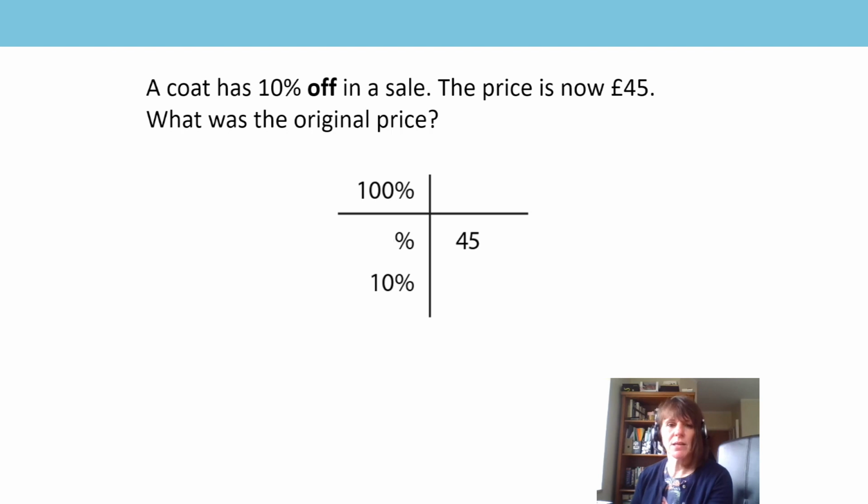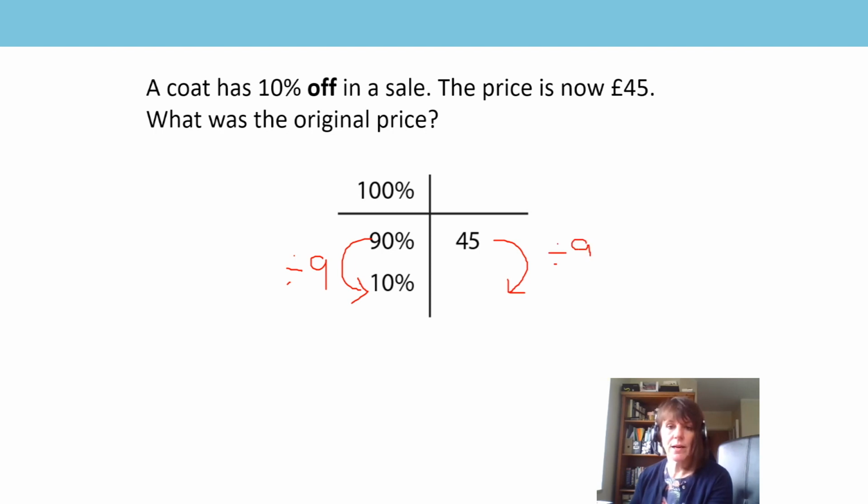And that's easy because I can do 100, subtract 10, and that will give me 90%. So £45 represents 90% of the original price. So in order to work out 10%, I'm going to divide by 9. So here I'm going to divide 90% by 9. And if I divide 90% by 9 to equal 10%, I'm going to divide 45 by 9.